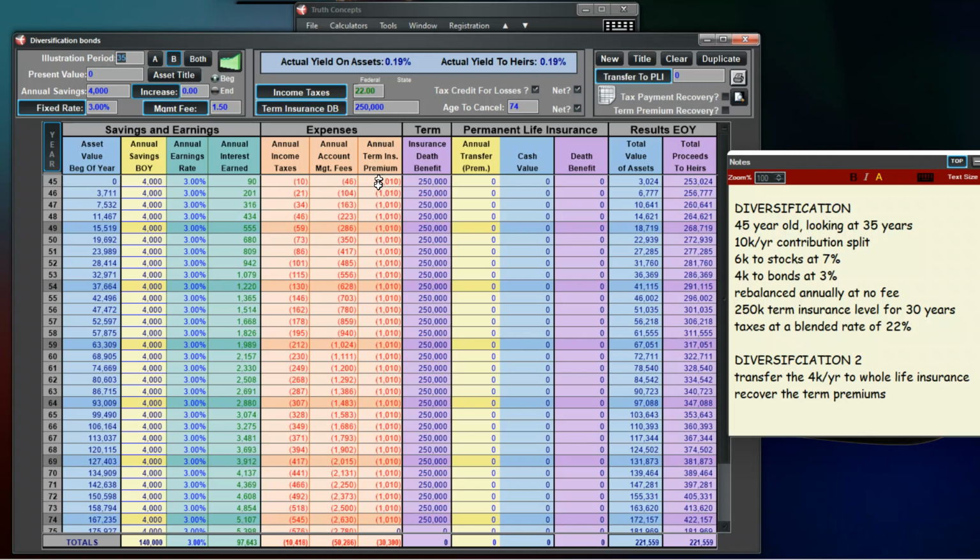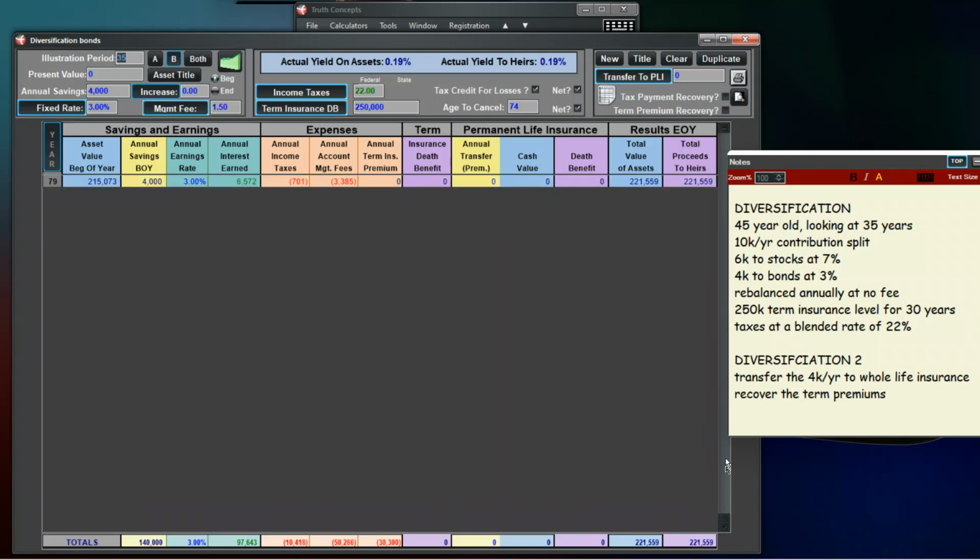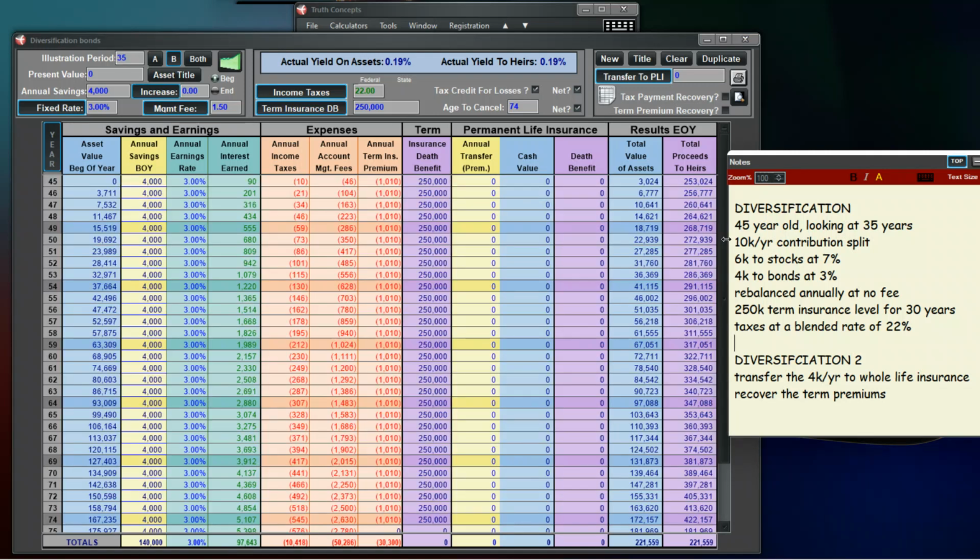And as is amazing, we have a very small yield on assets because from that account, essentially, maybe not literally, but holistically, we are taking the term insurance premium and we're canceling the 30-year level term at the 30th year. So that's age 74. And so here we have our bond account value and proceeds to heirs, which are only the bond account, because as you can see here, let me get back up there, the term insurance falls off right here.